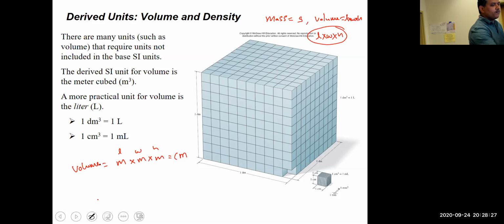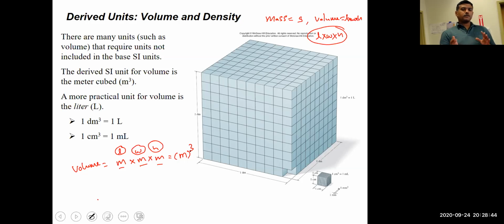When you calculate volume, you need length, width, and height information. And let's say you measured all of them in the base unit of meter. So they were in meter, meter, meter. So you can say meter cubed.